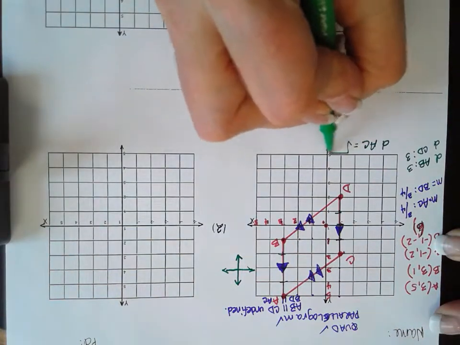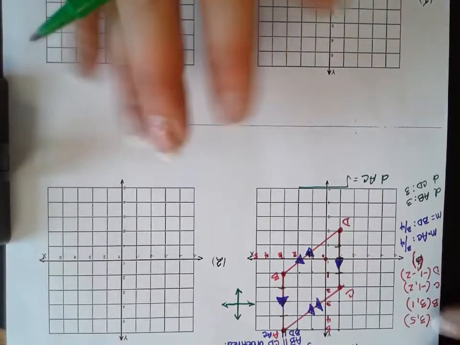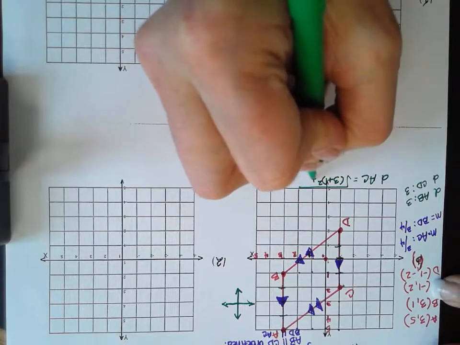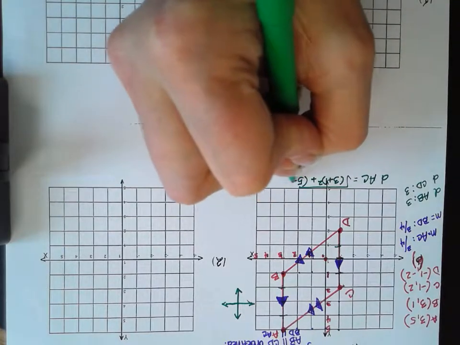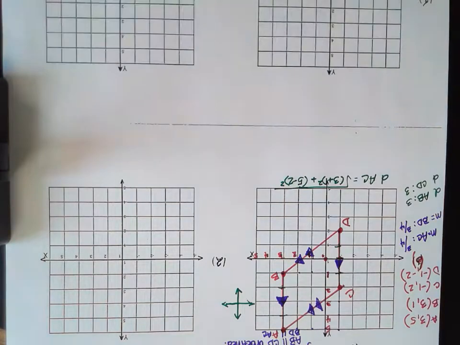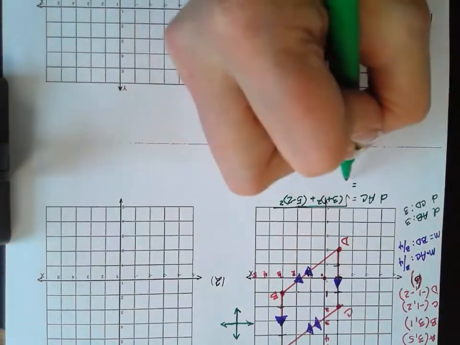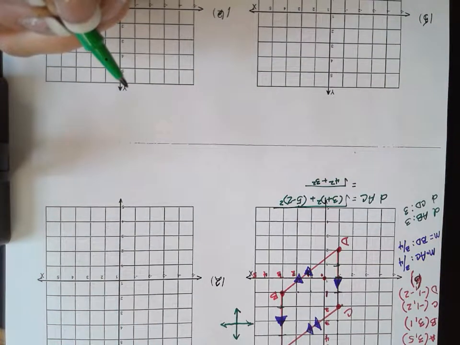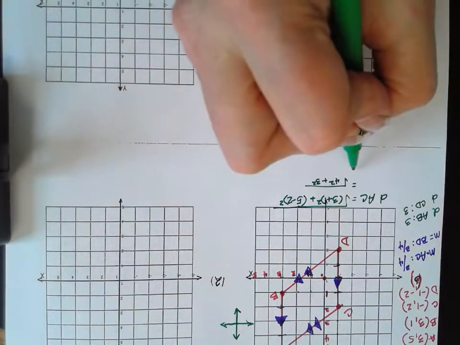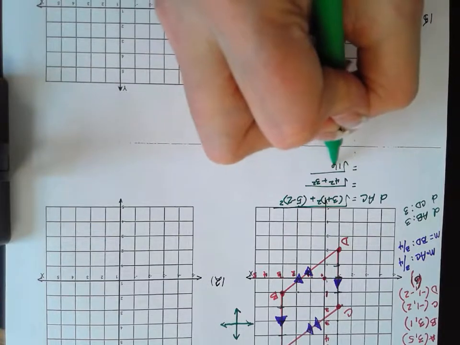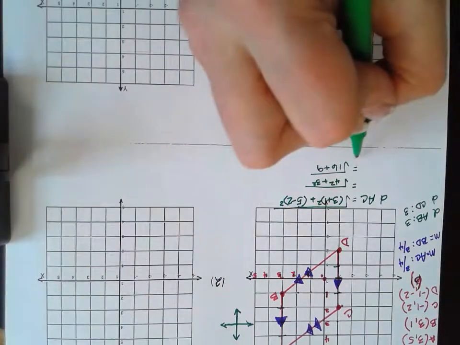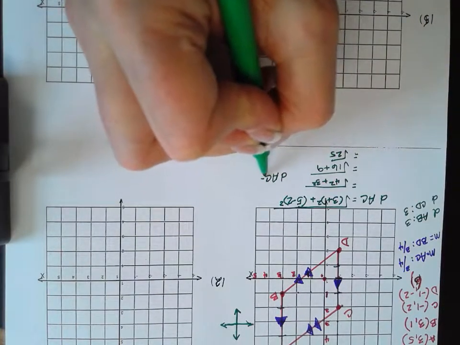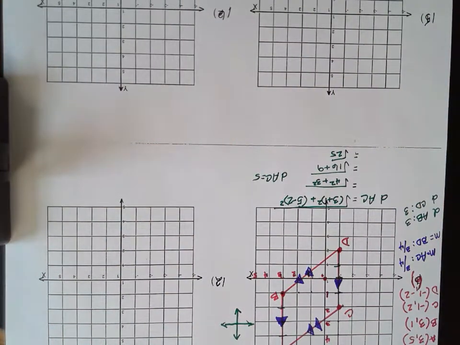I'm going to have the square root of (3 plus 1) squared plus (5 minus 2) squared, which is 4 squared plus 3 squared, which is 16 plus 9. So the distance of AC is 5.